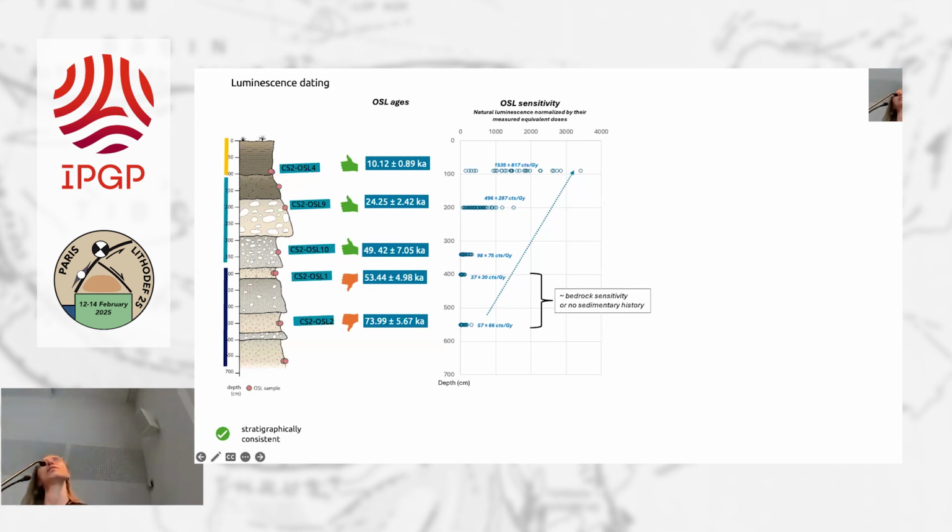The OSL sensitivity is the natural luminescence of your grain. And what is interesting is that we see that the OSL sensitivity is growing. This, like 37 counts per gray and 57 counts per gray, is in fact what you have in bedrock. Luminescence sensitivity when you're looking at bedrock are grains that have no sedimentary history.